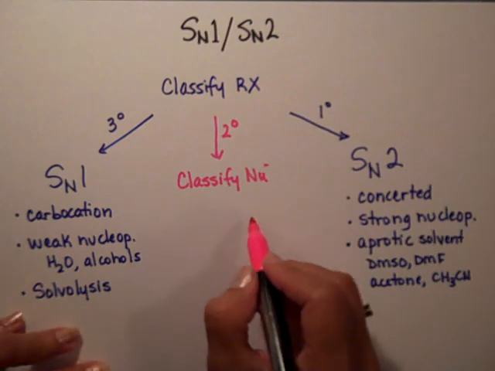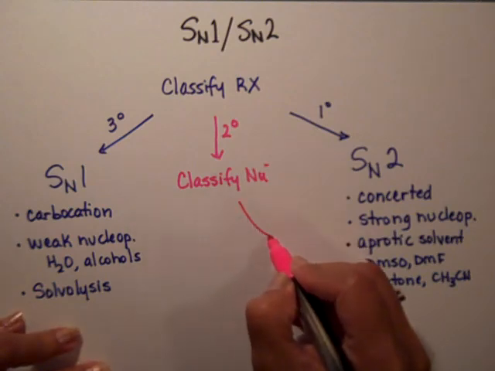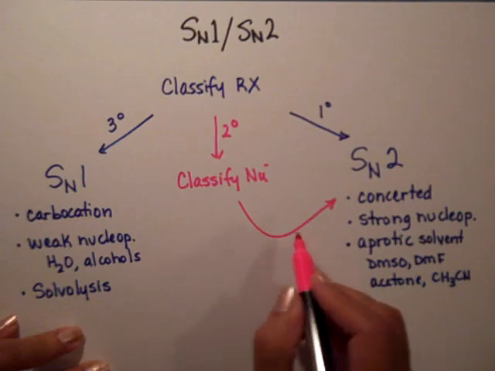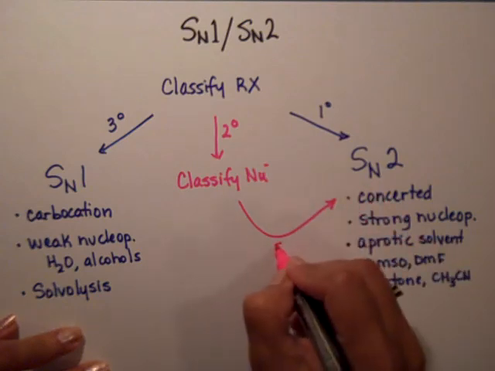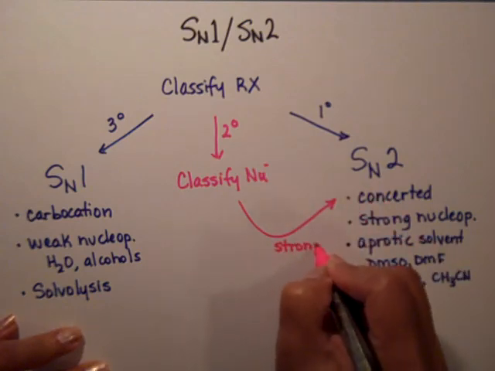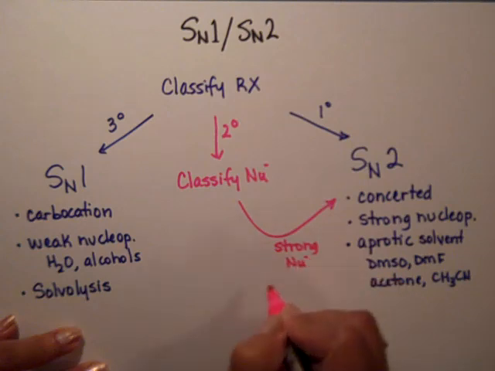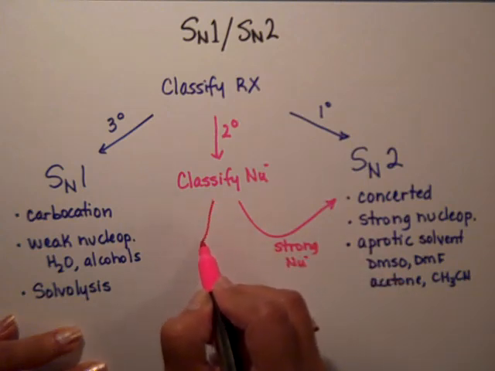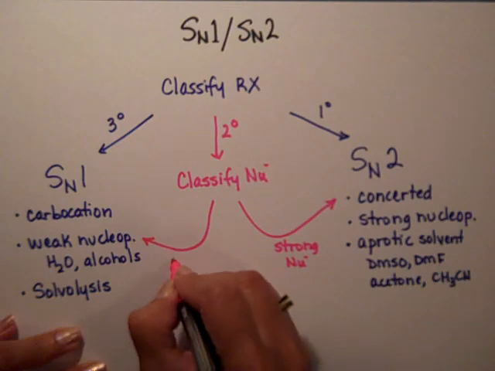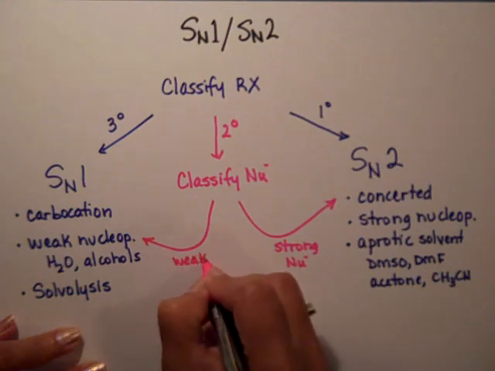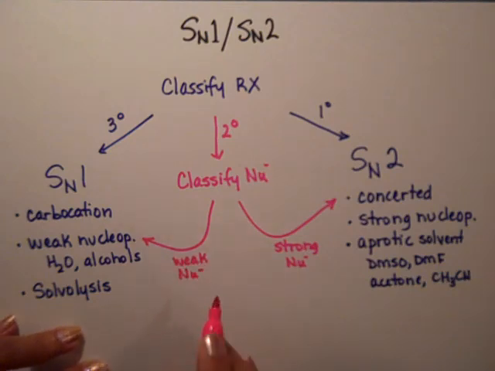If your nucleophile is a strong nucleophile, then you're going to do an SN2 reaction. If your nucleophile is water or alcohol, so it's a weak nucleophile, then we're going to be doing an SN1 reaction.